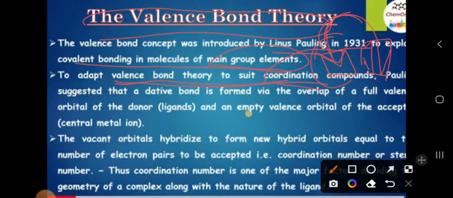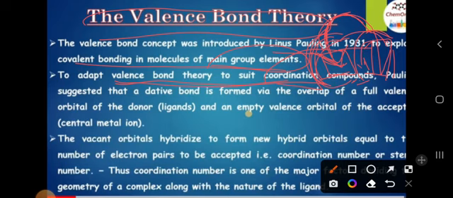The empty orbital indicates the metal atom and the filled orbital indicates the ligand. The ligand donates electrons to the central metal atom, the Lewis base and Lewis acid. By this we can say this is forming the coordinate covalent bond.